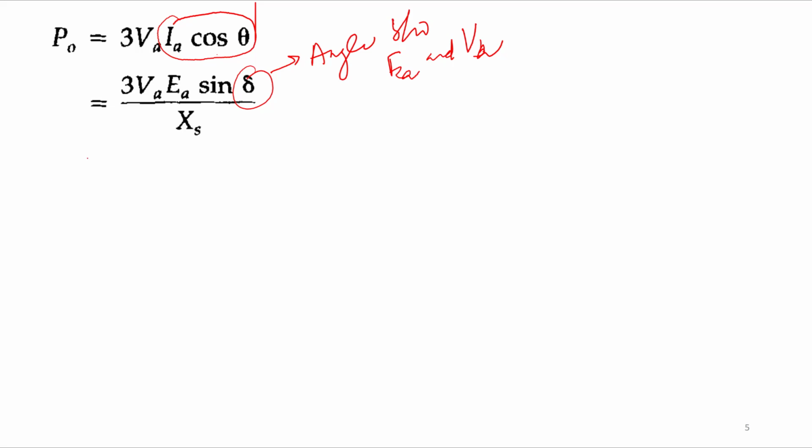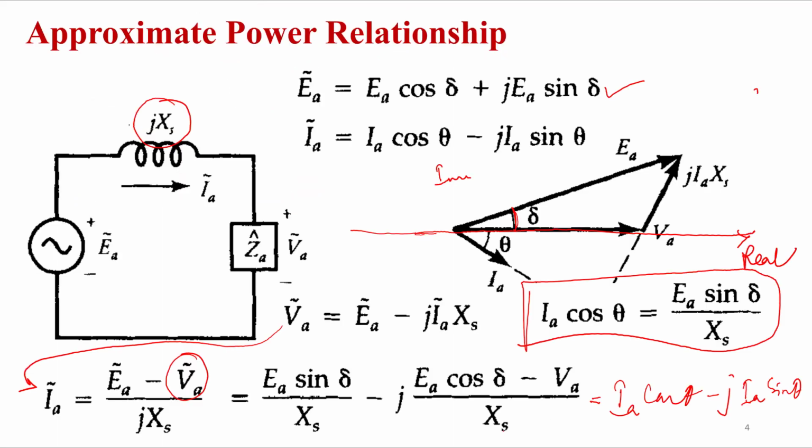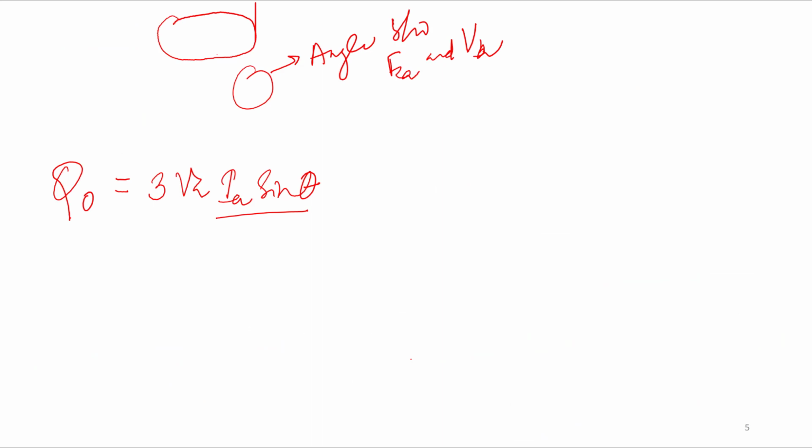Now, can you find the expression for QO? Because a synchronous generator has a reactive power component also, right? So can you find the expression for this reactive power component? This will be 3 VA IA sin theta, right? Just substitute IA sin theta here. We have seen IA sin theta here, this component. Just substitute it and you will find the reactive power component.